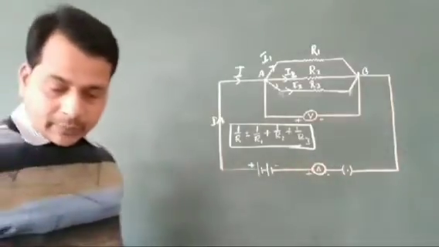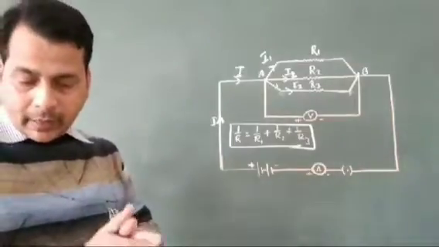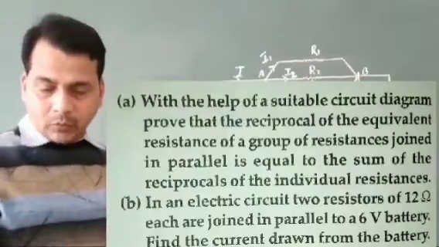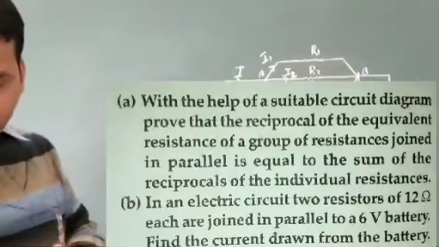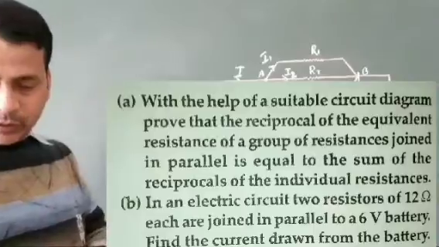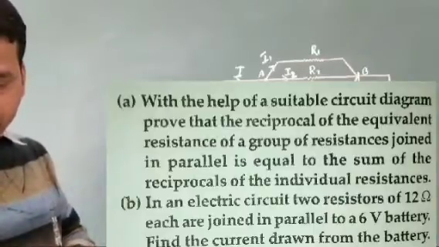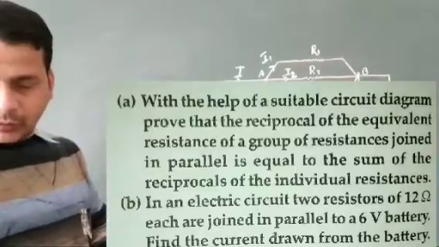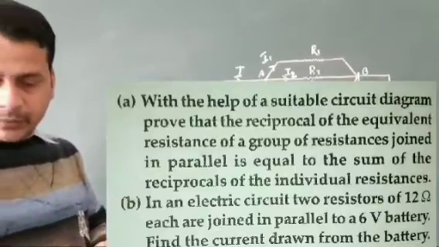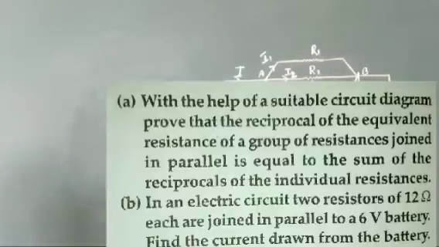The next part of this question: in an electric circuit, two resistors of 12 ohm each are joined in parallel to a 6 volt battery.